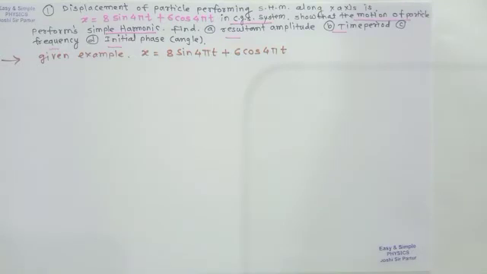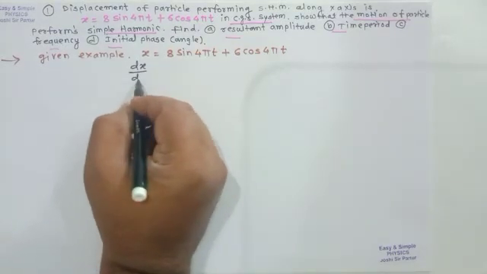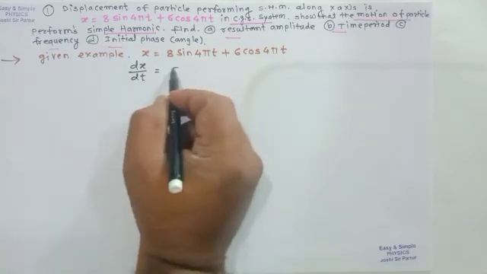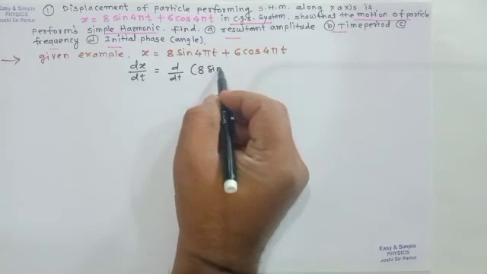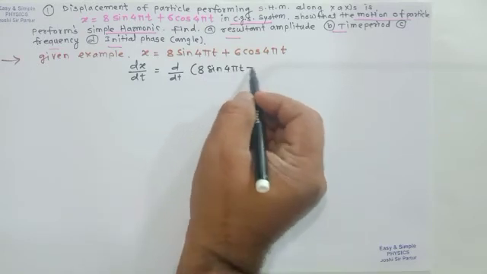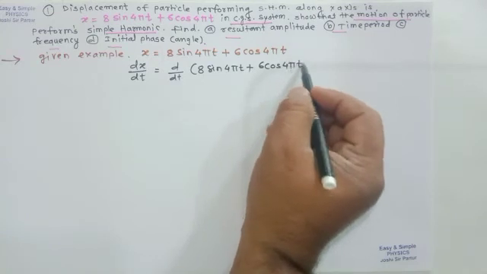Here, if we differentiate the equation with respect to time, dx upon dt will be the derivative with respect to time of 8 sine of 4 pi t plus 6 cos of 4 pi t.